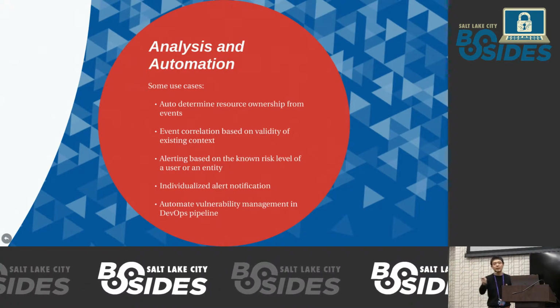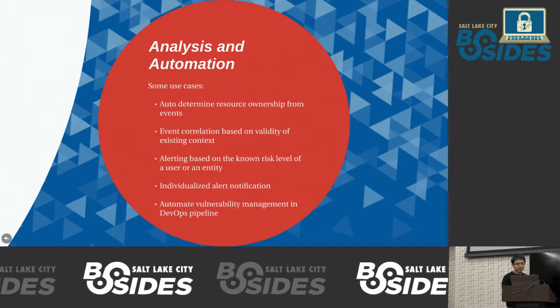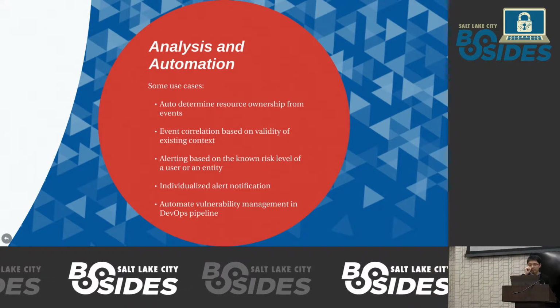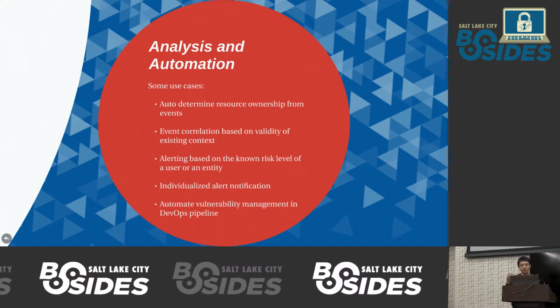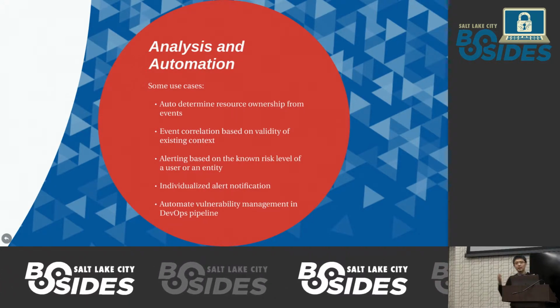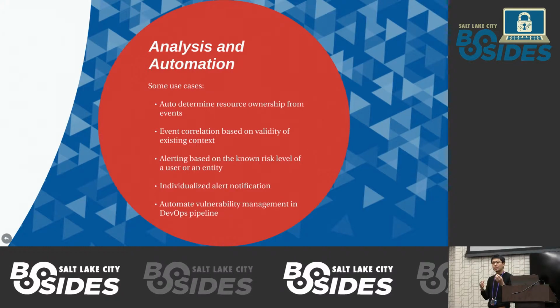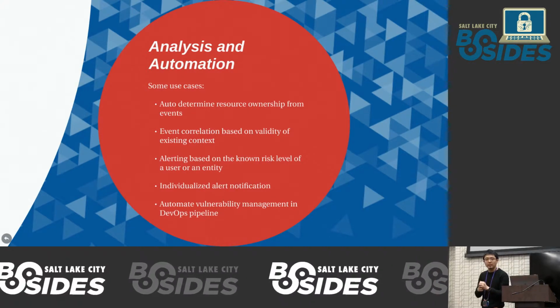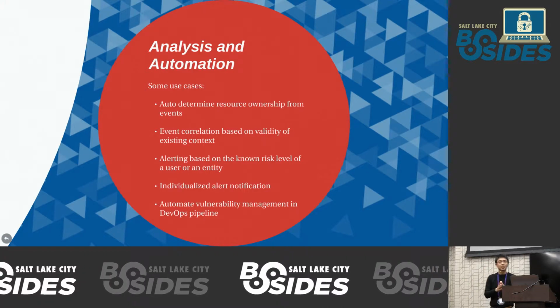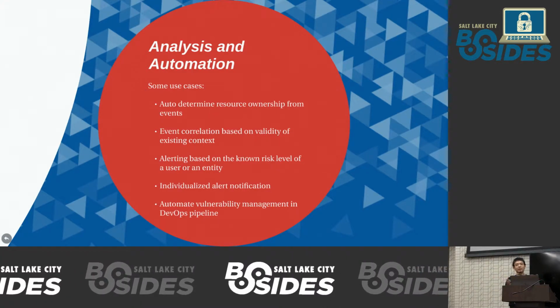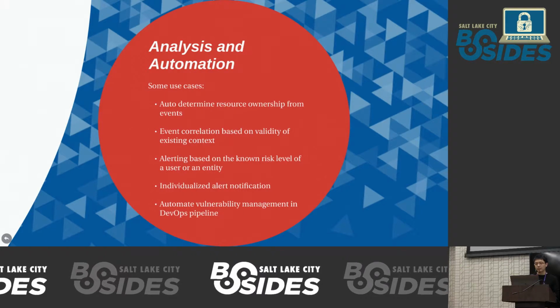What is the current state of your environment? You can do alerting based on the risk level. You can do individualized alert notification. You can do automated vulnerability management and use this as part of your DevOps pipeline as gates in your deploys. So there are many things that can be done now with this type of analysis and automation.